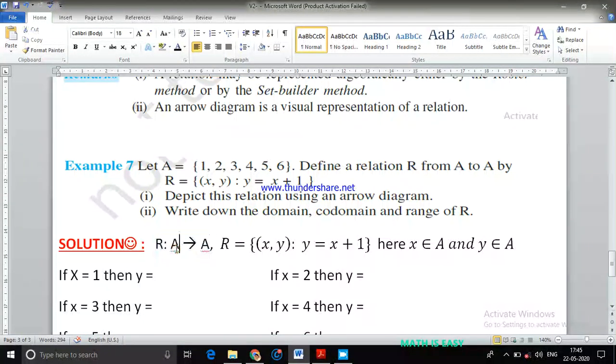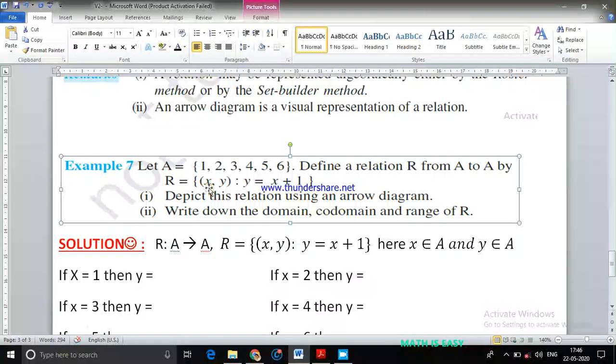Here A has elements 1, 2, 3, 4, 5, 6, and here also A has elements 1, 2, 3, 4, 5, 6. What is the relation given? R equals the ordered pairs (x, y) such that y equals x plus 1.